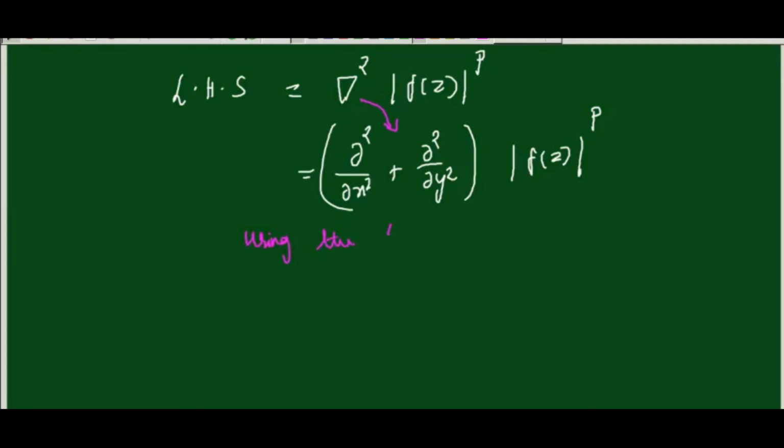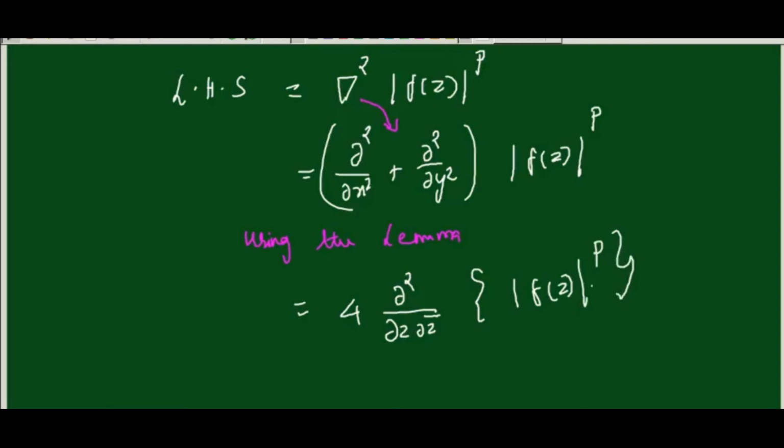Using the lemma. What is the lemma left side? The lemma left side is 4 times dou square by dou z bar dou z of f of z whole power p. If you want to use that lemma, the function must be in terms of z and z bar.